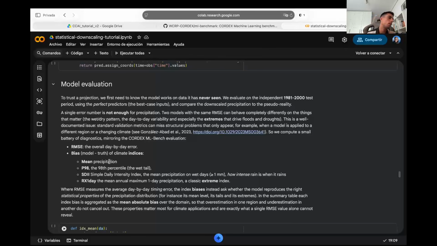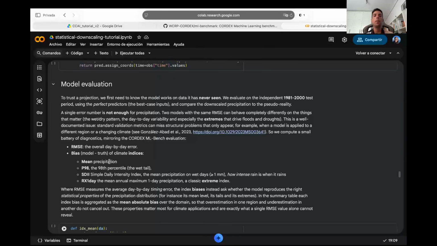One could say, okay, let's compute the root mean square error or this kind of machine learning based metrics. The issue is that for downscaling, we need to perform a more exhaustive evaluation because we are going to apply the model into the future, for instance, or we may be interested in downscaling precipitation in a region in which we have a lot of extreme precipitation.